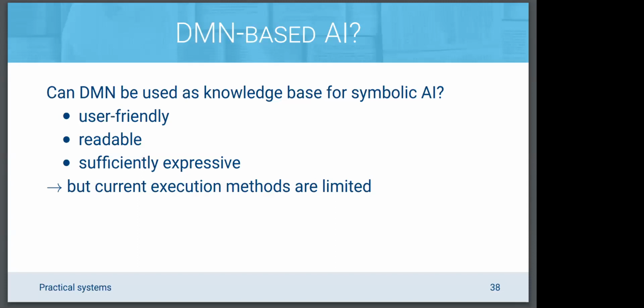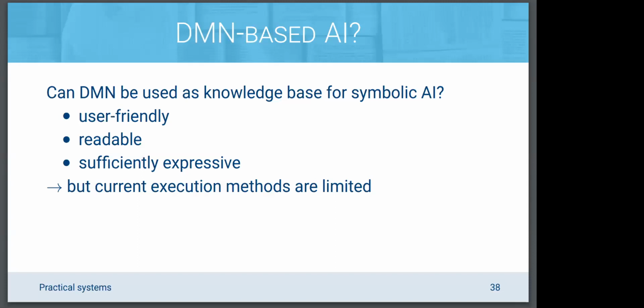But what we found was that the current execution methods are limited for having really flexible symbolic AI. So that's the main motivation behind our research about combining DMN with IDP, as we've done in 3 ways now: the 2 that I've demonstrated earlier, but also, like Jacob said, we created CDMN, which we showed last year.